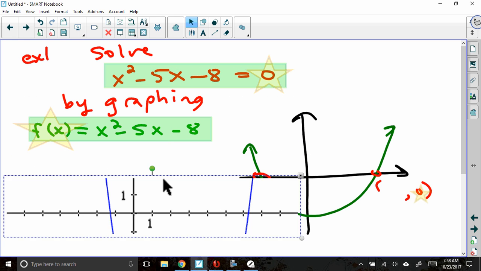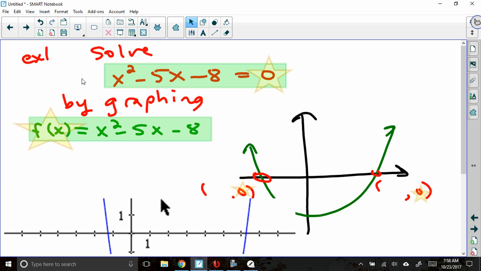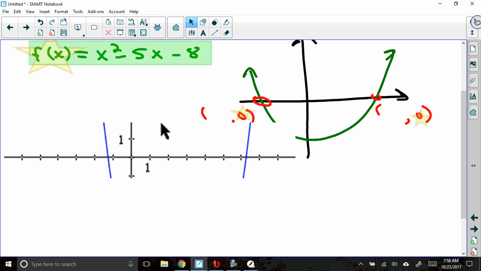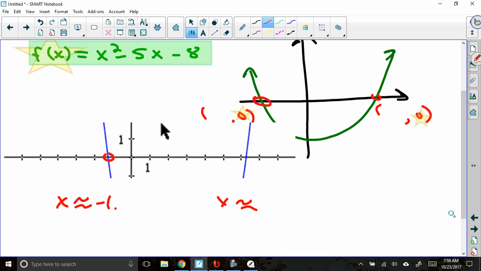It looks like one of the answers is x approximately negative 1 point something. Can you see that on your graph? And the other one, let's see, 1, 2, 3, 4, 5, 6, approximately 6 point something.